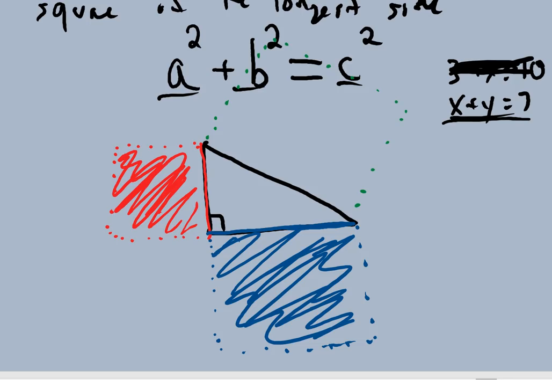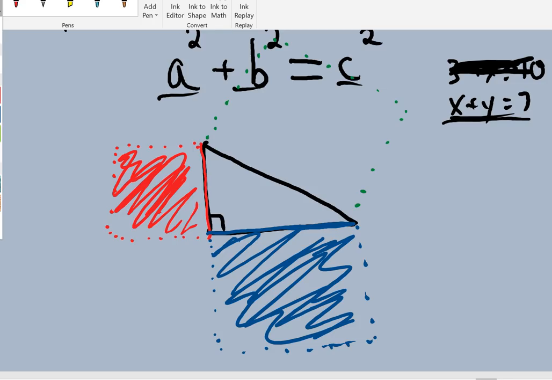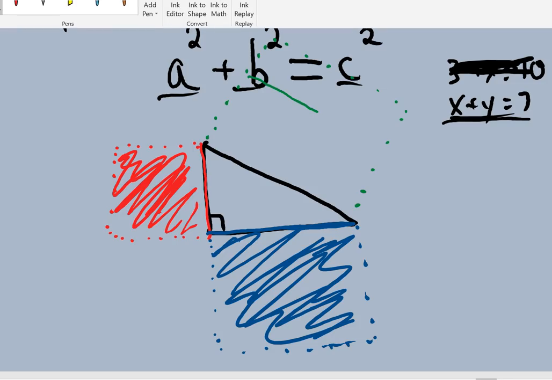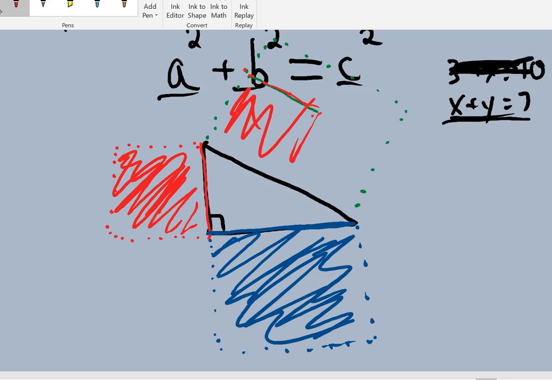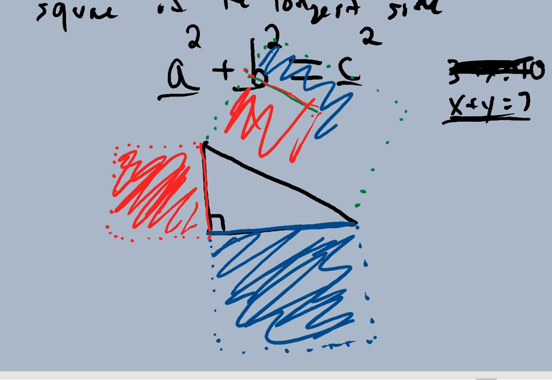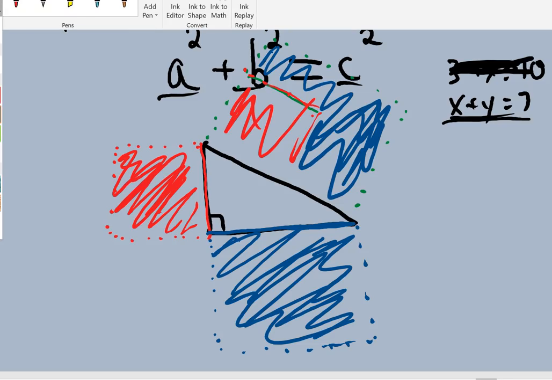If I were to take all the area of the red square and put it right here, and take the blue and put it all right here, it's going to completely fill up the green square, the longest side squared.